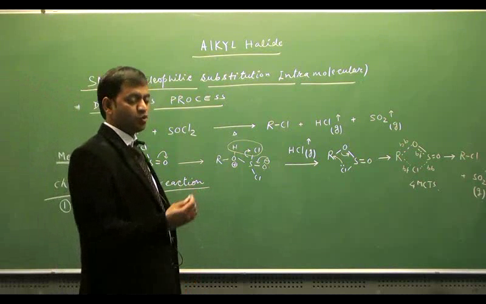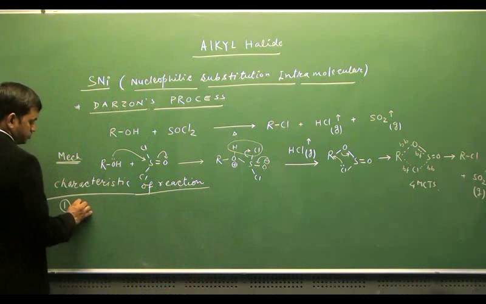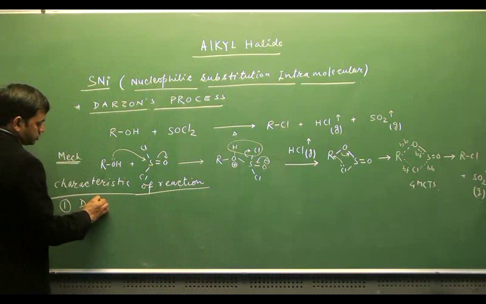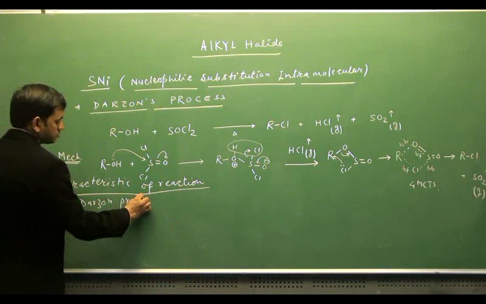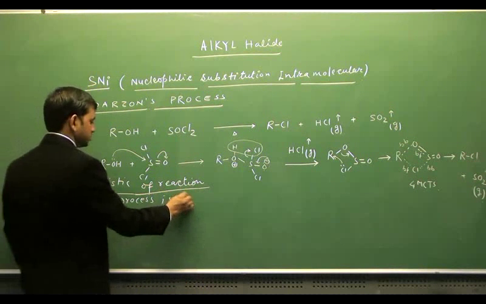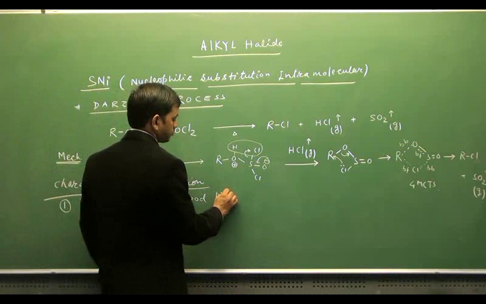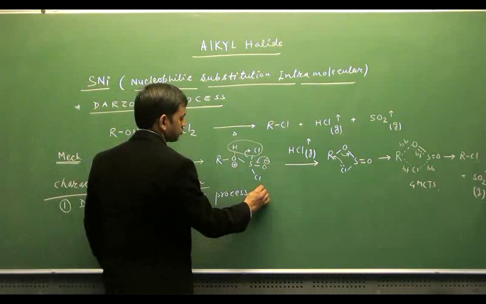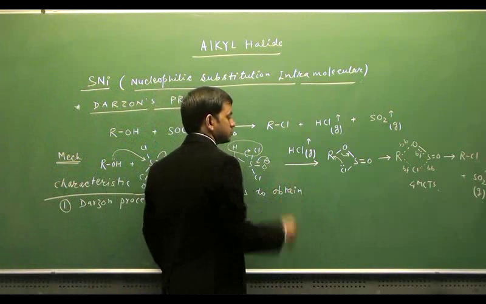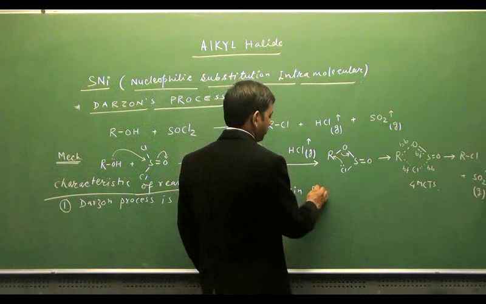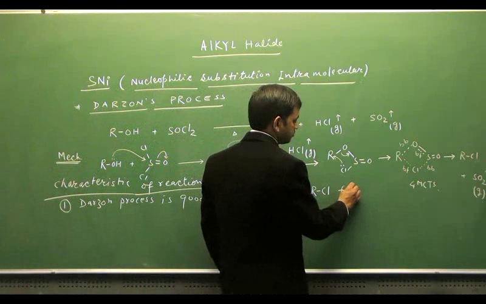First, the Darzens process is a good process to obtain RCl, alkyl chloride, from alcohol.